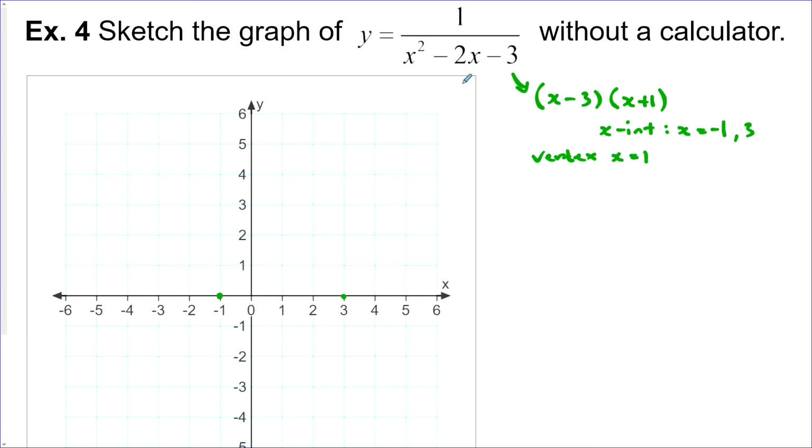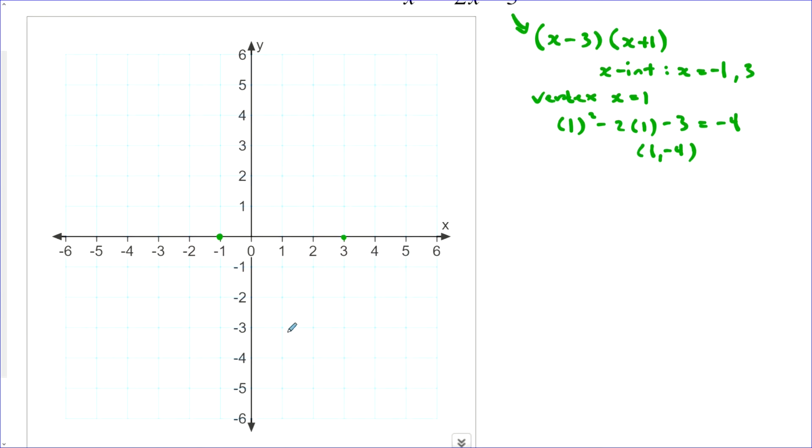And let's just find the y value of our vertex. So I'll plug in 1 into this equation, and looks like I get 1 minus 2 minus 3 is minus 4. So the vertex is at 1, negative 4. Let's mark that on the graph as well. There. Could mark some other points on here.